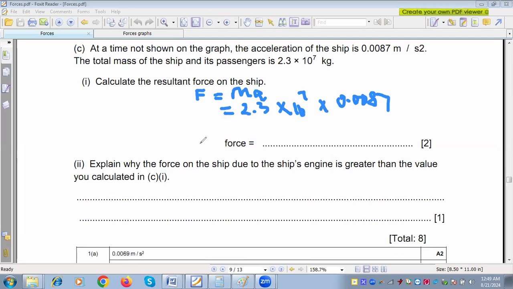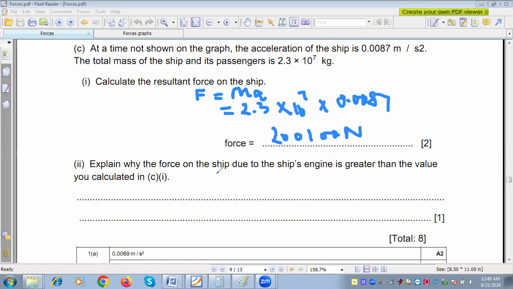So what is the resultant force coming equal to? The answer is about 200,000 Newtons, so you can write 2 into 10 to the power 5 Newtons.